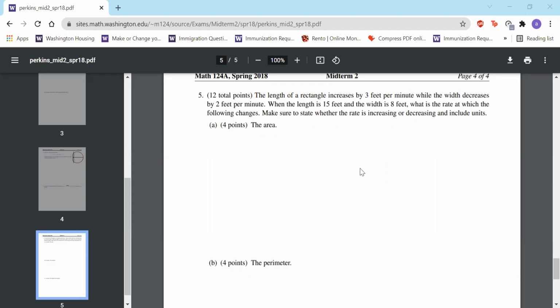That is your answer, the rate of change of the length of the diagonal when x is 15 and y is 8. So does this make more sense to you? This is the entire problem for the first related rate problem.